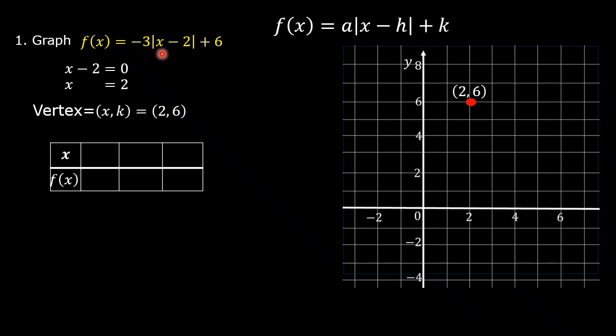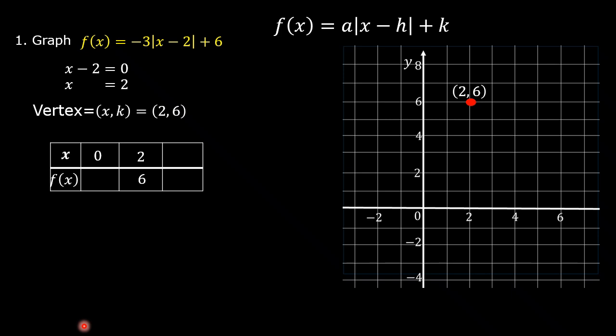Negative 3 times 0 is 0. 0 plus 6 is 6. So when x is 2, f of x is 6. Let us put this in the table. When x is 2, f of x is equal to 6.